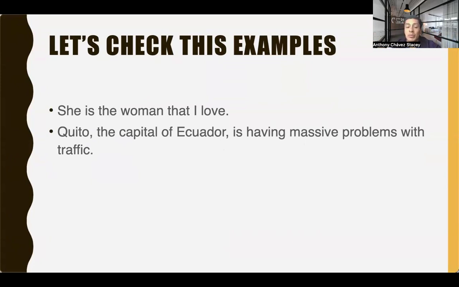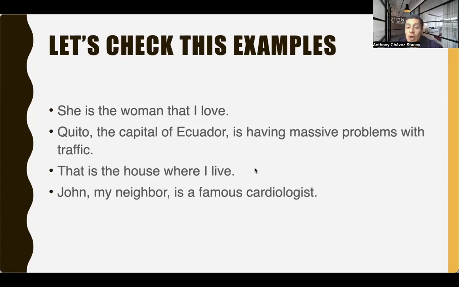Quito is having massive problems with traffic. That is the house where I live. I'm talking about a place. Therefore, I need to use where. John, my neighbor, is a famous cardiologist. If I take out my neighbor, it keeps the same meaning. John is a famous cardiologist.